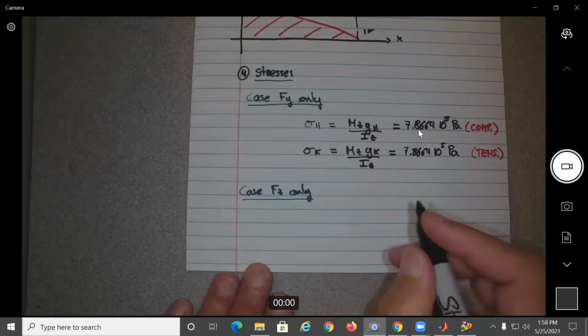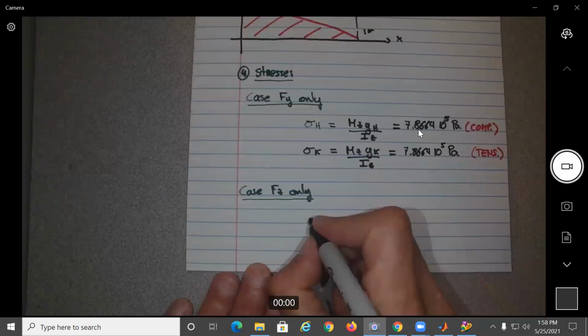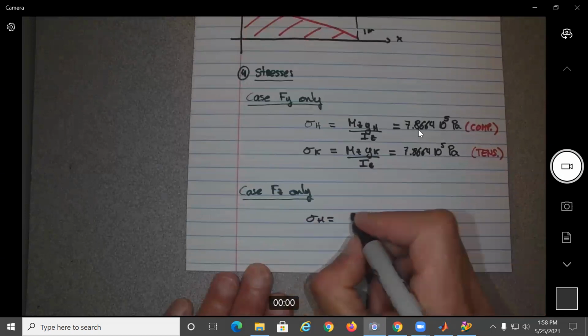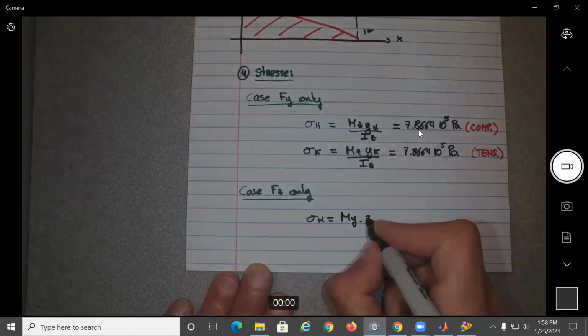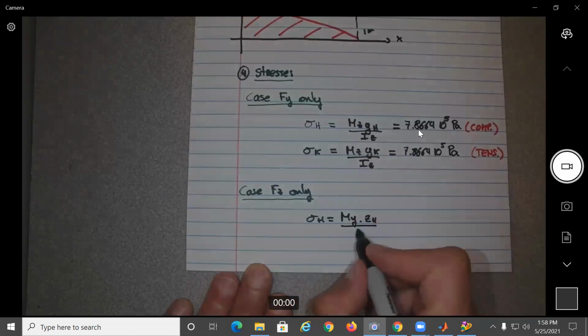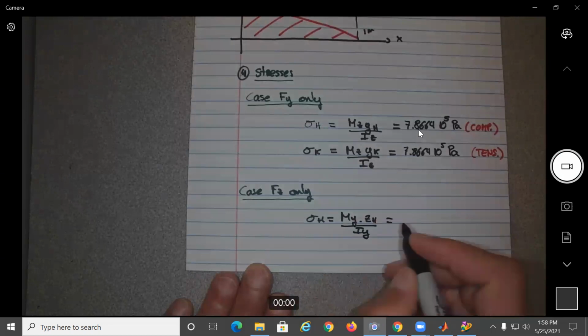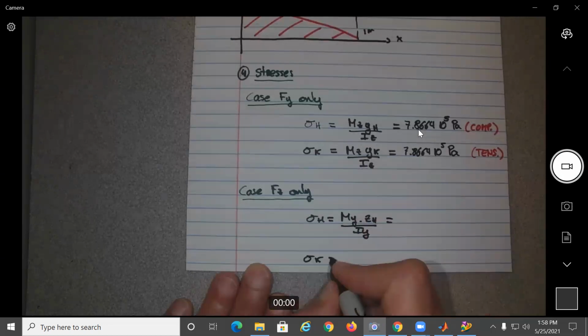That will give us sigma H equal to My times Z_H divided by I sub y. Sigma K should be equal to My Z sub K over I of y.